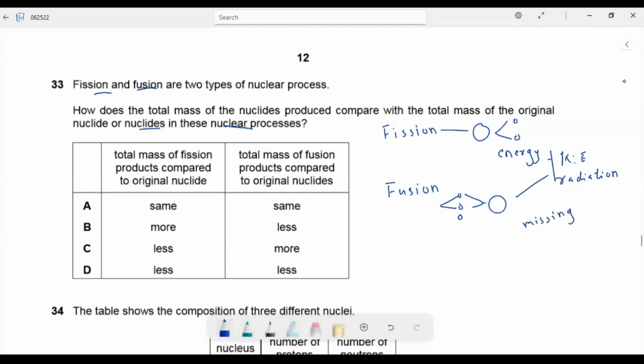In both cases, mass is getting reduced, and that is converted into kinetic energy and radiation. So the total mass of fission products compared to the original nuclide, and the total mass of fusion products compared to the original nuclides, will always be less. That is, D is the right answer.